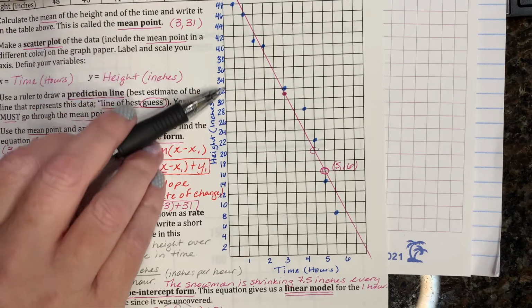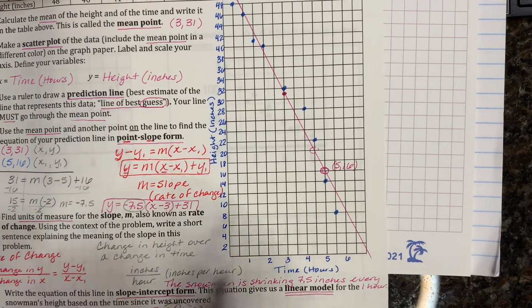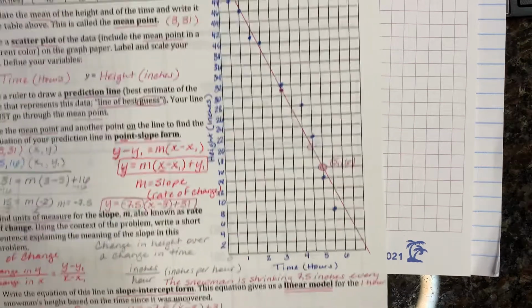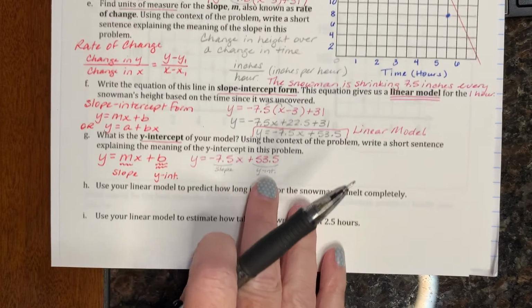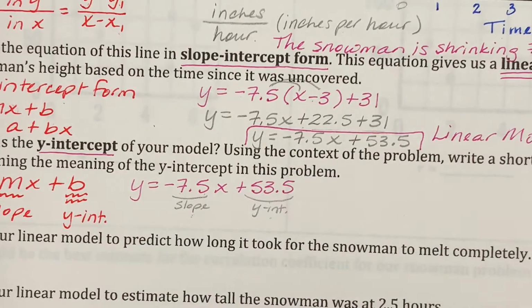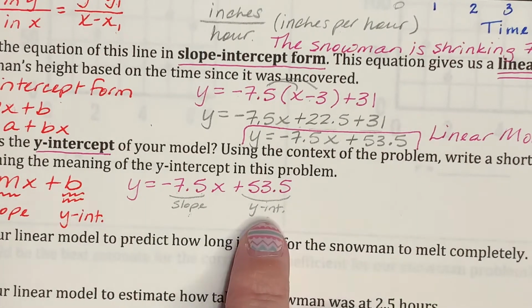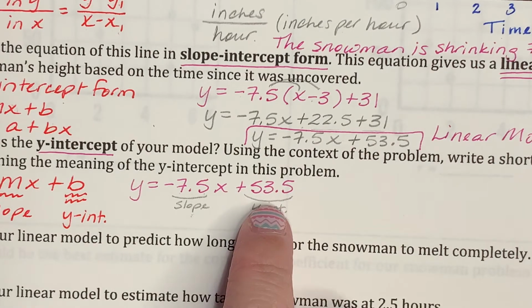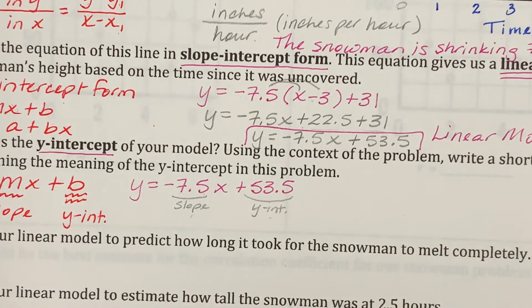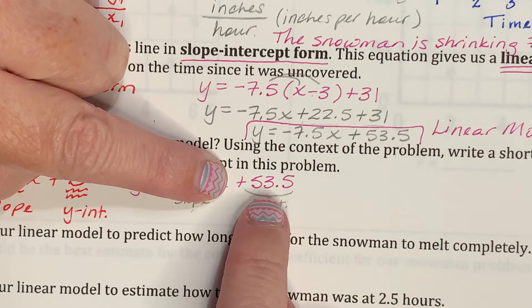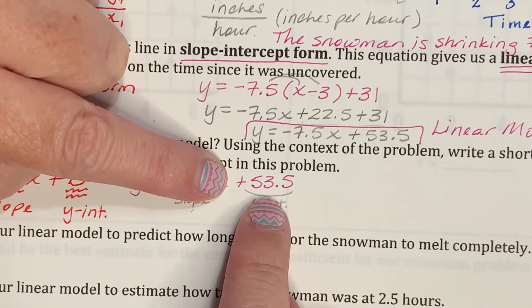Well, if it's on the axis here, then that means time is 0. So what is a y-intercept then, right? What is this saying, right? Hopefully you're catching on that a y-intercept is basically the height of my snowman when at time 0, right? When I first took him off the plane, right? So at time 0, this is the height in inches of my snowman, right?